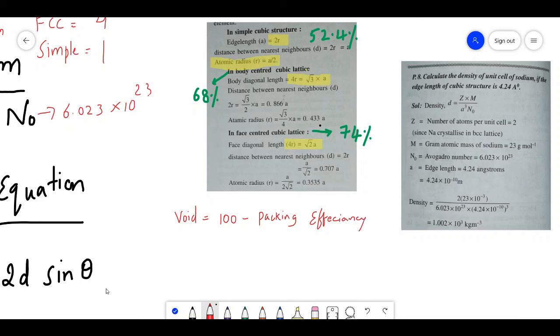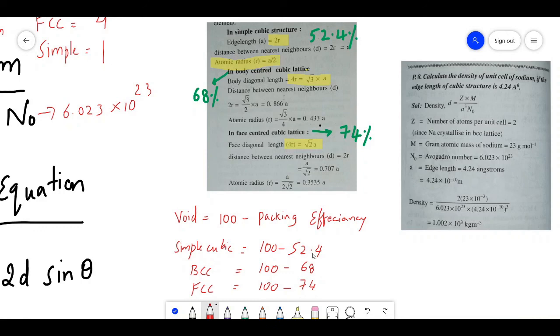So for simple cubic, you can just take 100 minus 52.4. And for body centered cubic, it is 100 minus 68. And for FCC, it is 100 minus 74.